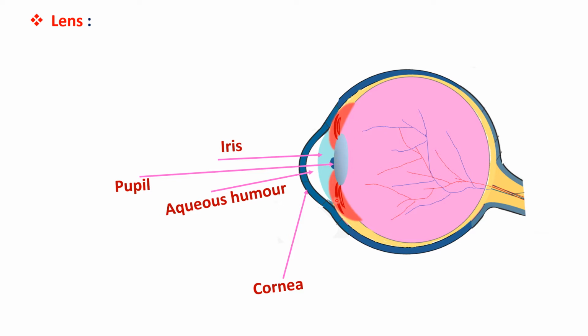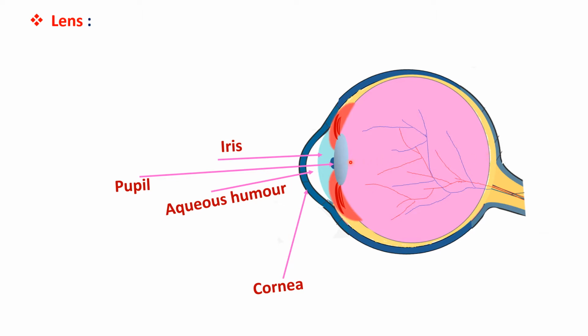And the eye has a fixed image distance. Wherever the position of the object is, the eye has to form its image on the retina only, and the distance between the eye lens and the retina is always constant.